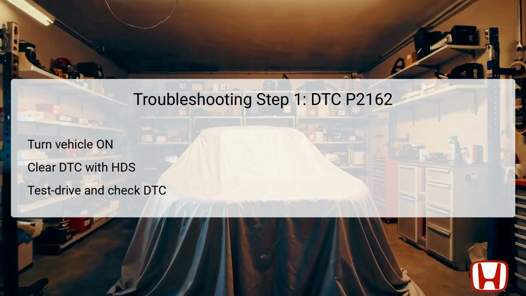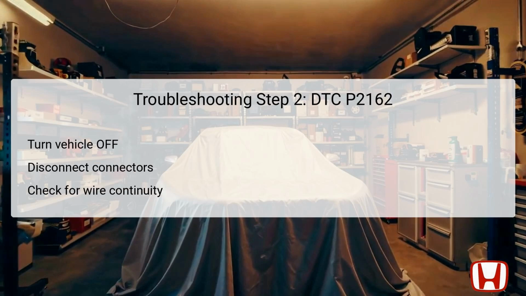Upon completing the drive, check for any pending or confirmed DTCs again via HDS. If DTC P2162 reappears, this confirms that the issue exists and subsequent steps are necessary. If it does not reappear, the problem may be intermittent, and a thorough inspection of wiring connections is advised.